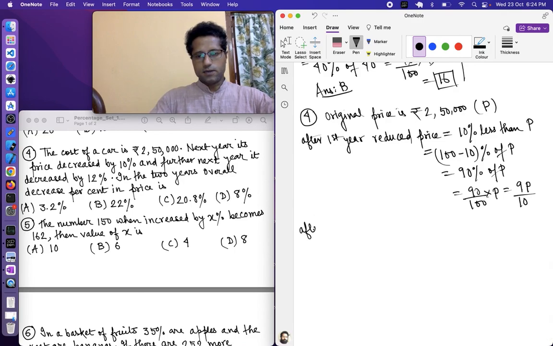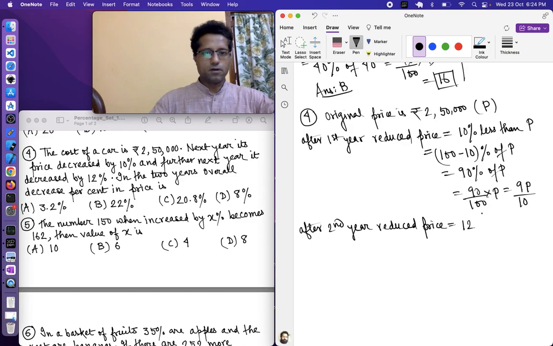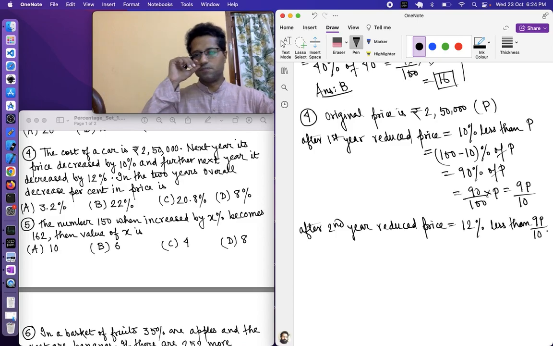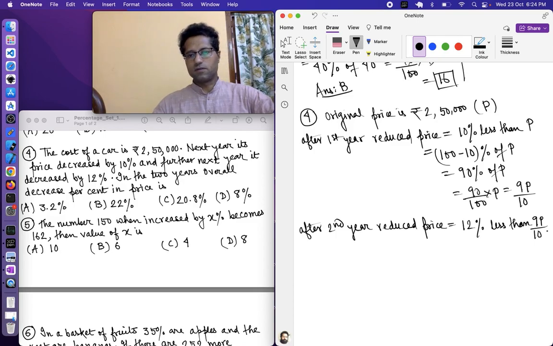So after the second year, the reduced price is equal to 12% less than 9P by 10, since there was a decrease of 12%, and this 12% decrease is based on the reduced price after the first year, which is 9P by 10.